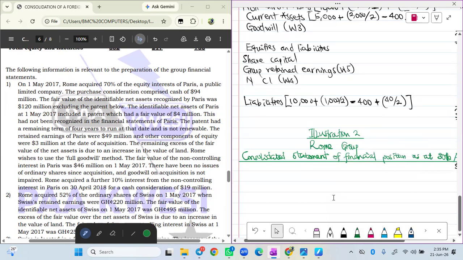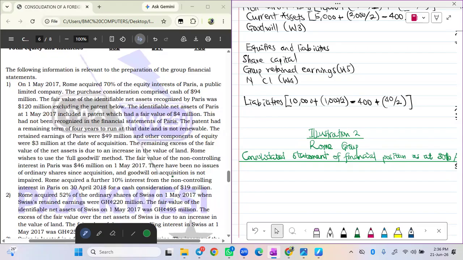The identifiable net assets of Paris at 1st May 2017 included a patent which had a fair value of $4 million. This had not been recognized in the financial statements of Paris. The patent had a remaining term of 4 years to run at that date and is not renewable.